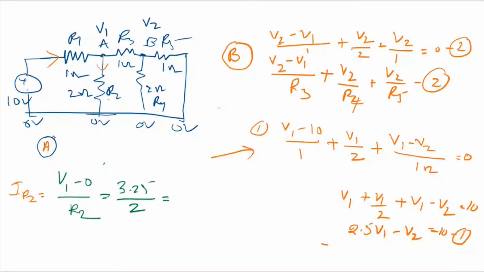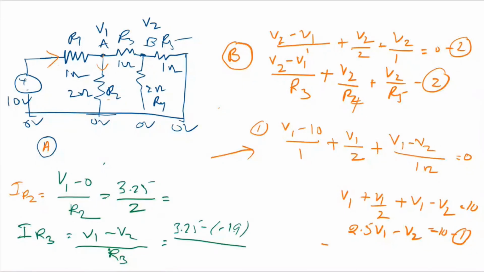So what is IR3? IR3 is equal to the potential difference V1 minus V2 divided by R3. What is V1? 3.25 minus of minus 1.9 divided by R3, which is 1. Similarly, the current in R4 is equal to V2 minus 0 divided by 2, because R4 is 2 ohms.